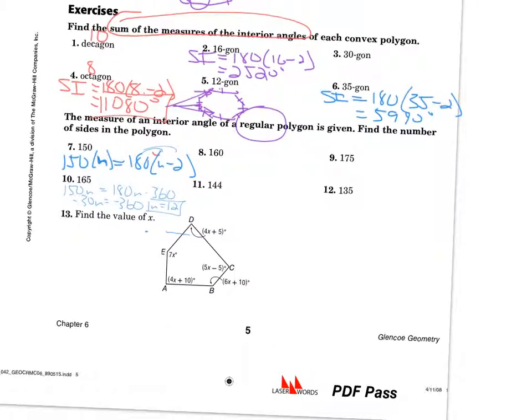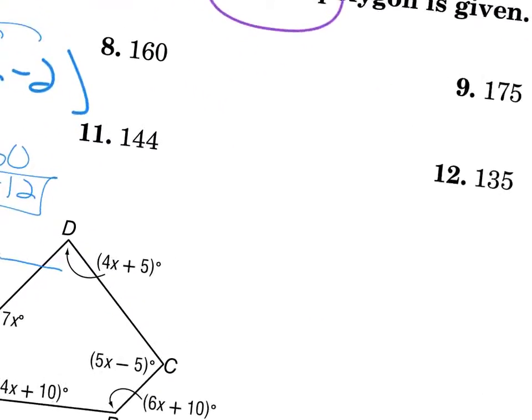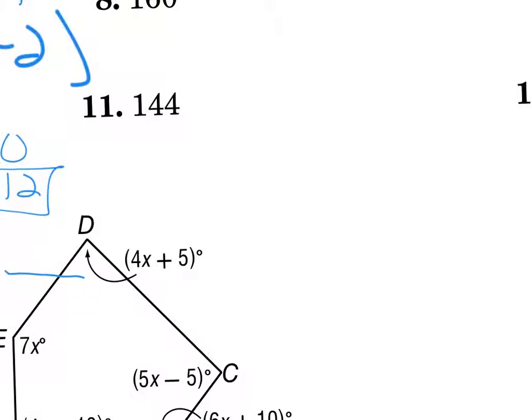Okay, let me do another example for that. We'll do the 144. Okay, so for 144, remember that this is each interior angle. So if I multiply that by the number of sides, n, then that's going to be equal to 180 times n minus 2.